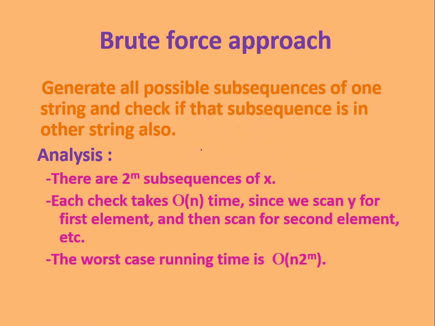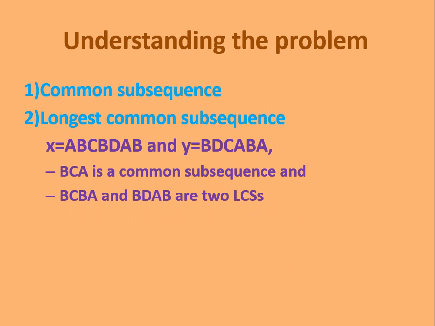Brute force approach. Let's see how we'll solve it naively. Generate all possible subsequences of one string and check if that subsequence is in the other string also. Like in the previous example, we had x equal to A, B, C, B, D, A, B. So its possible subsequences are like A, B, C, or B, C, A, or say B, D, A, B. So there are many, say 2 to the power m.